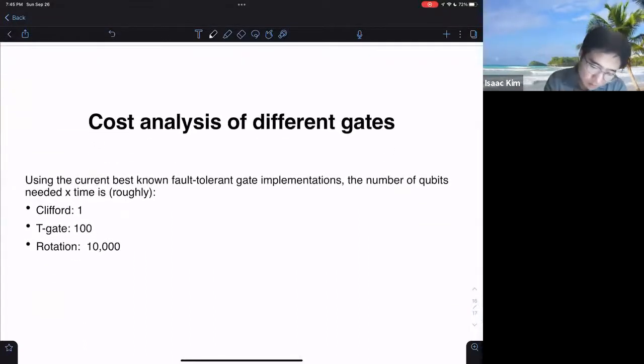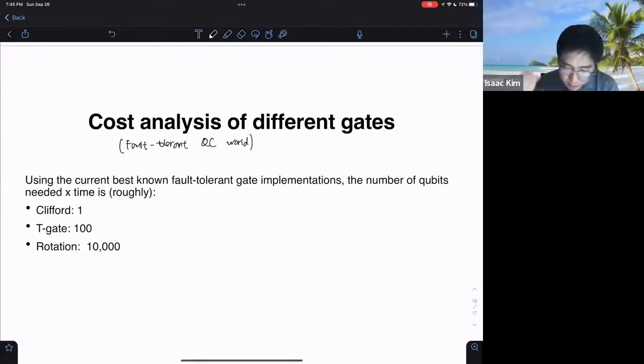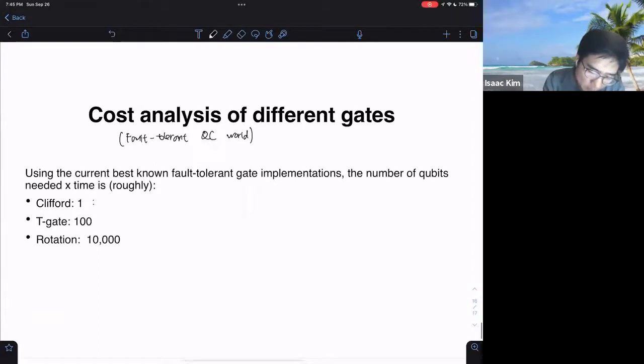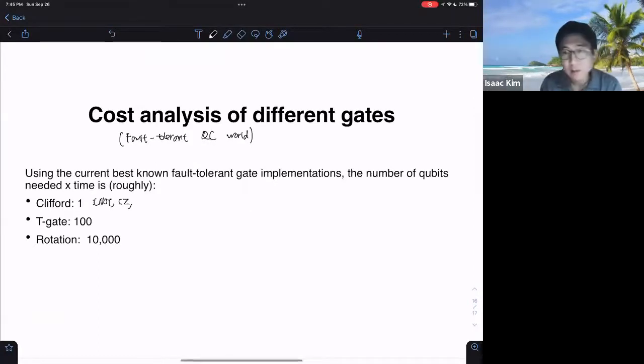So you can see that in the fault-tolerant quantum computing world, the cost of different gates is quite counterintuitive, because Clifford gates, these include things like CNOT or CZ, and also H and S. But the important thing is these are 2-qubit gates.